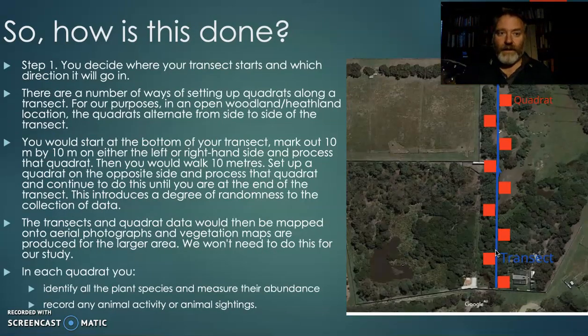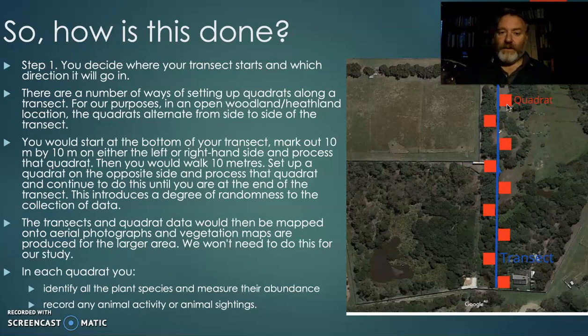So, how's it done? Well, there's a lovely one I would have done in the reserve with you. We have our transect, that straight line. So the blue line here is our straight line, our transect. Normally set up along a compass bearing. And these red blocks form my quadrats, so four-sided figures.